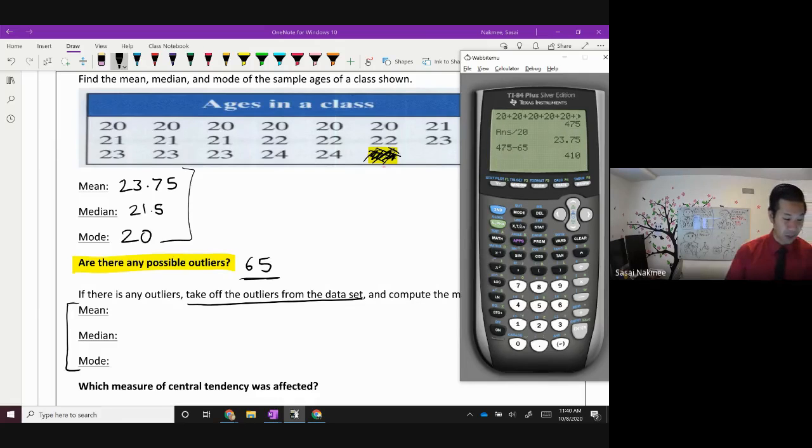That's the trick of doing it this way. Or you could just add it again by hand, right? You get 410, but that's not going to be divided by 20 anymore because now there are 19 of them. So I divide this by 19, and I should get an average of 21.578. It keeps going, it looks like.